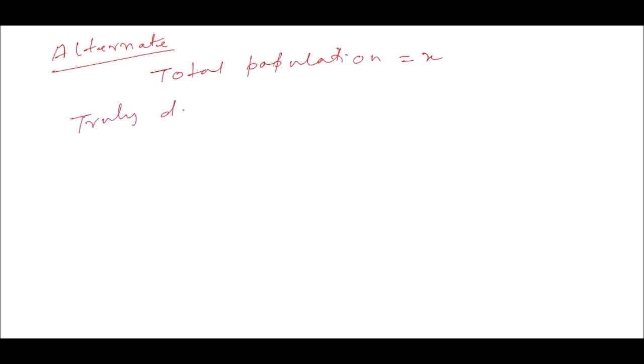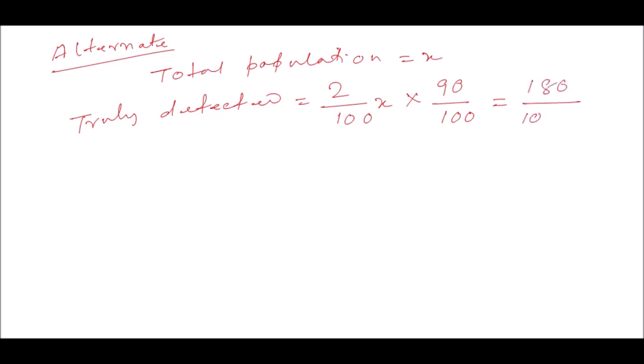How many truly have malaria? 2% of the total population truly has malaria. And how many of these are detected in the lab? 90% are detected in the lab. Therefore, 180 divided by 10,000 times X are the people who have been detected positive in the lab.